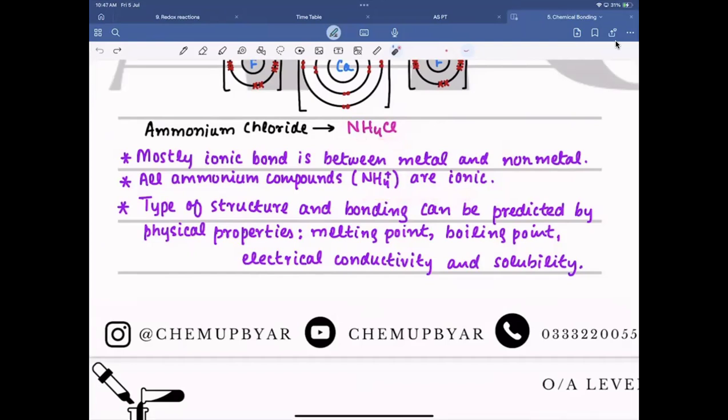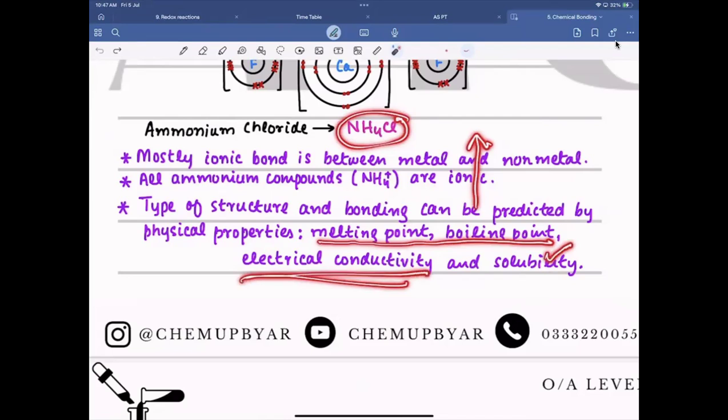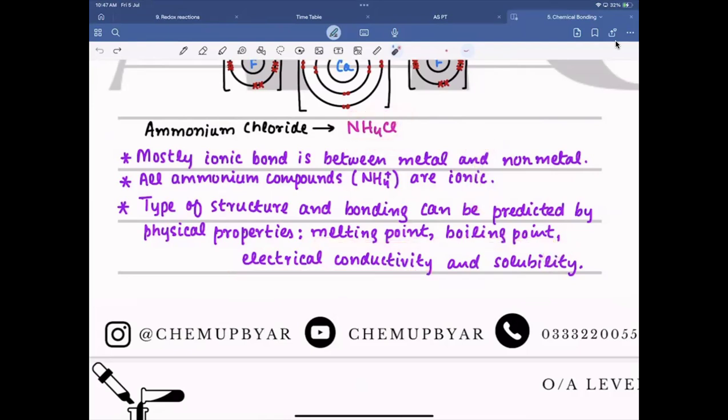Yes, sir. Okay. So the next thing is that the type of structure and bonding can be predicted by physical properties like melting point, boiling point, electrical conductivity, and solubility. For example, if we don't know whether it is ionic or covalent, but we study its properties and find that its melting and boiling points are very high, it is soluble in water, and it does not conduct electricity as a solid but conducts when dissolved in water, all these properties help me conclude that it's ionic.